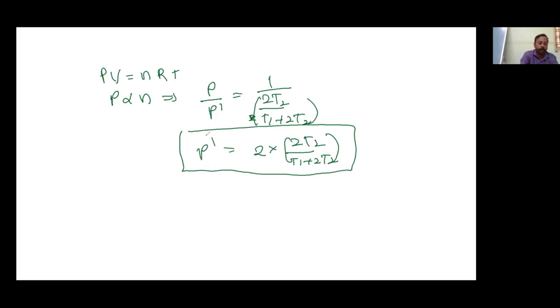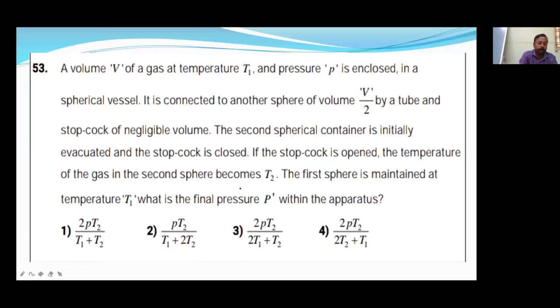Accordingly, we can select the option. Now let us see what the options were and what the correct answer is. See how similar they appear. The answer is 2PT2 by T1 plus 2T2.